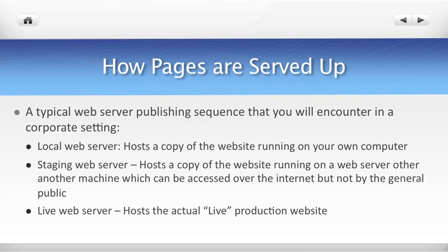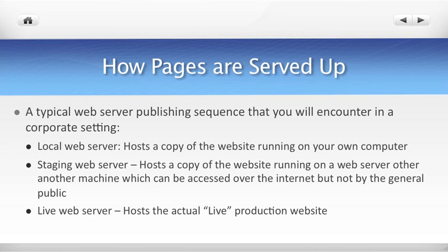In corporate settings, you'll normally not have direct access to a production web server. If you're maintaining your own personal website for yourself or your own small business, typically you will. But when you work with corporate entities, you'll typically see a web server scenario that's staggered, where you will develop locally, building HTML files and perhaps testing them on a web server that's resident on your own computer.